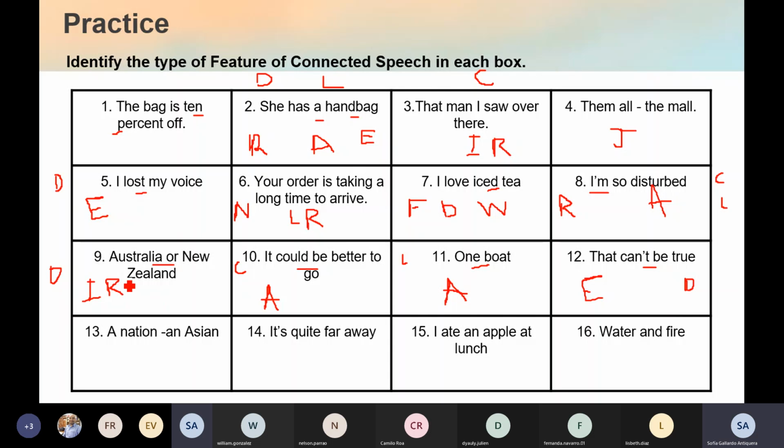What do you think happens here? A nation or an ation? Juncture. Yes, William, great. So I'm going to write a W. And yes, this is juncture. That's great.